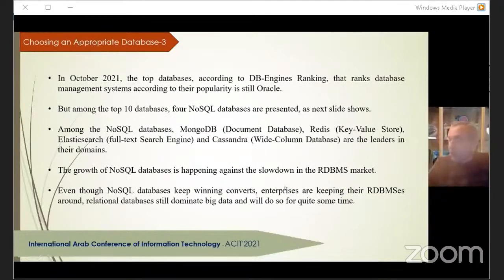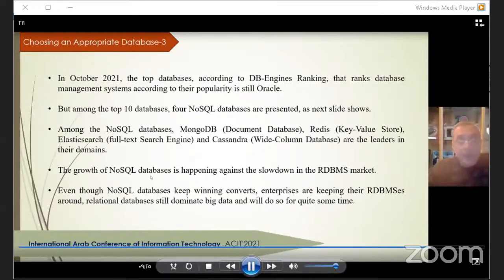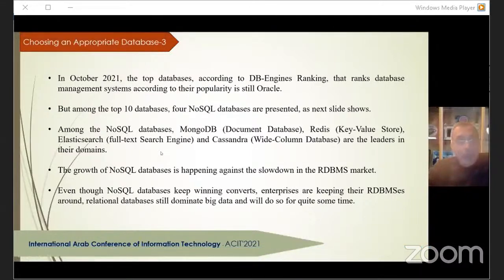So finally, let's look at a recent statistic regarding the popularity of database models, which may give an important indicator about the importance of NoSQL databases.